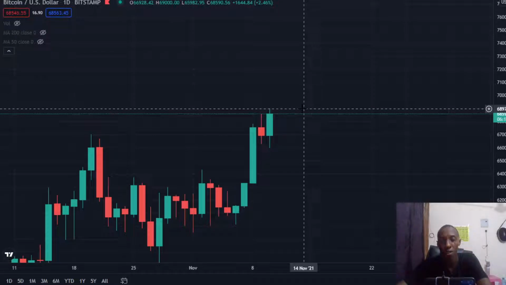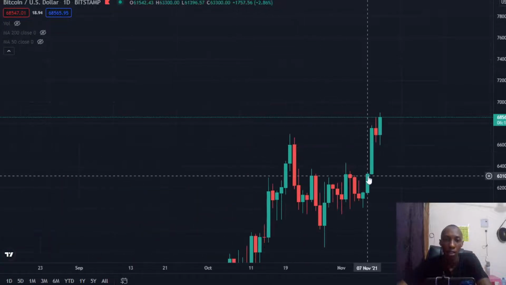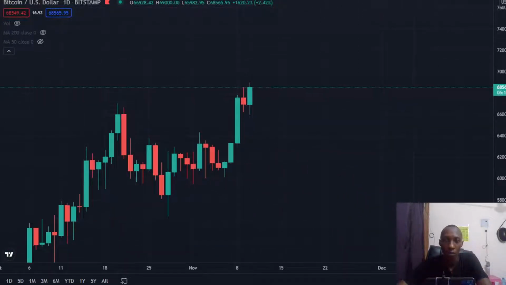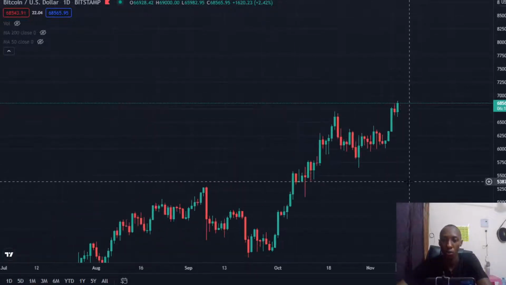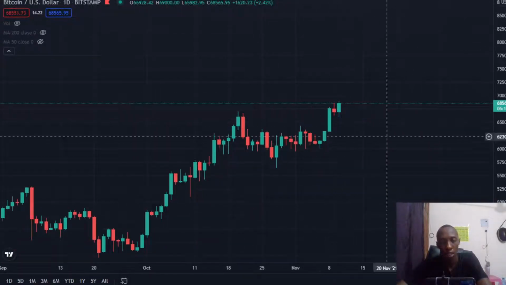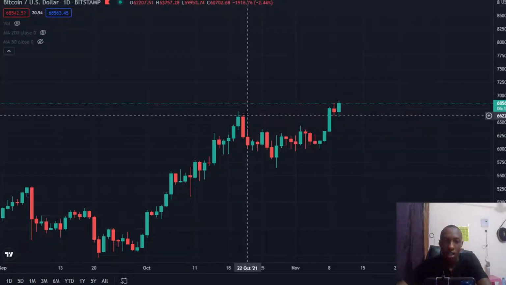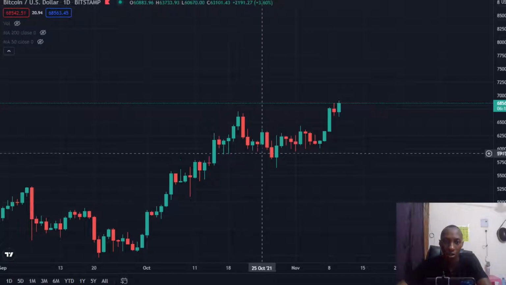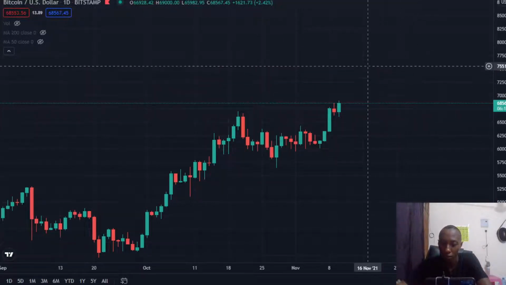That's a $3,000 pump, and of course even the alts are pumping, because Bitcoin is the mother of all crypto. If Bitcoin pumps, other coins pump. If it dumps like this right here, all the others dump even harder. So if this was a 10% drop, the others drop 20, 30, 40, 50%.